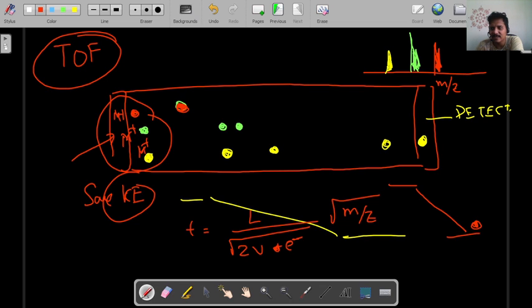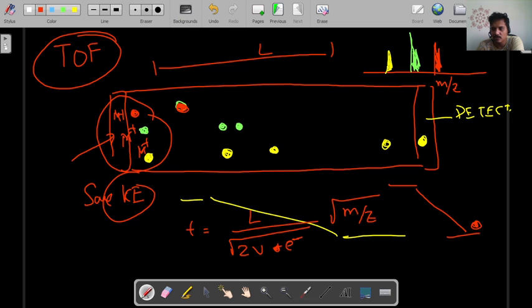L is the length it travels. V is the velocity. E is the charge. M by z is the mass to charge ratio. So V is the velocity, E is the kinetic energy.